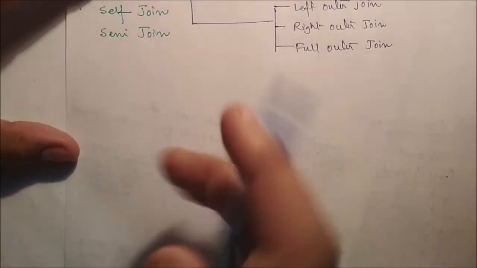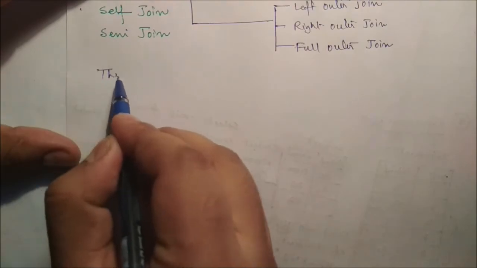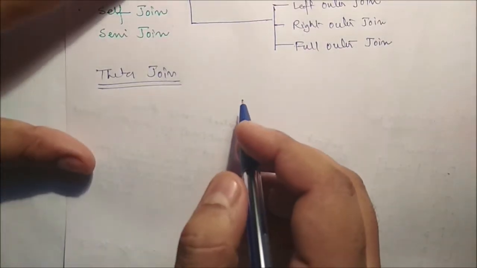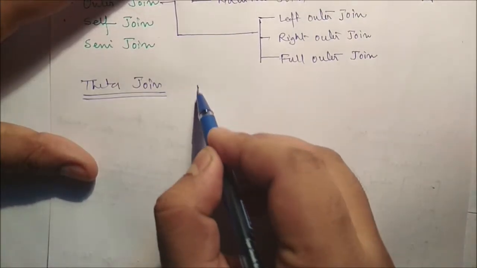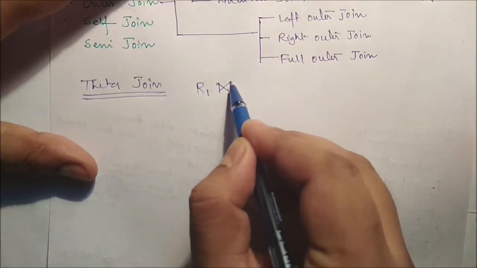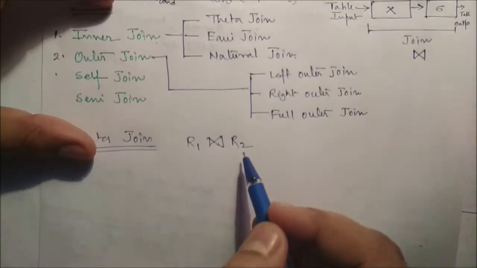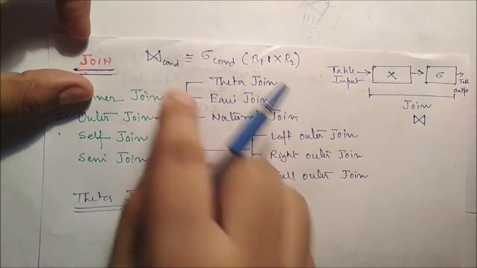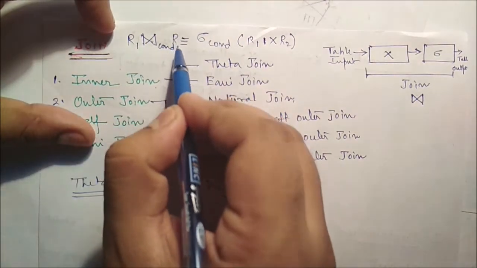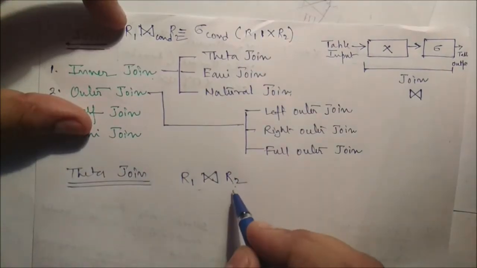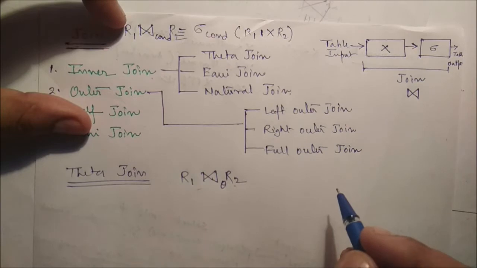So first is theta join. It allows us to combine a selection and a Cartesian product into a single operation. So to join these two tables R1 and R2, you can write R1 join R2, and here we put the condition theta.